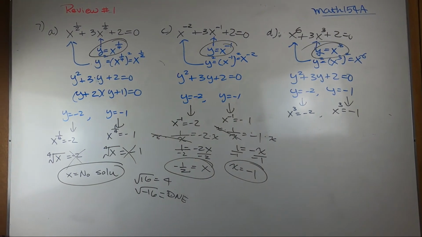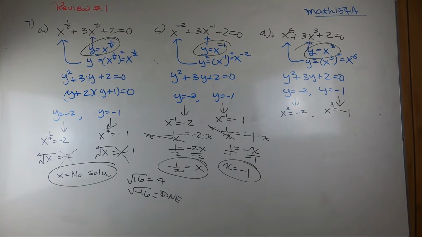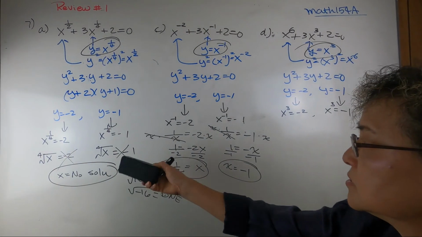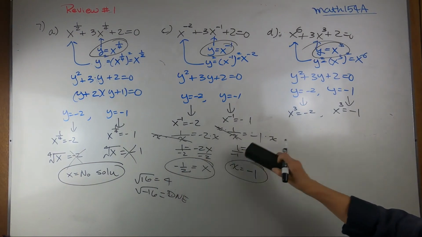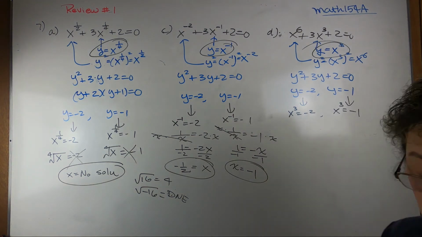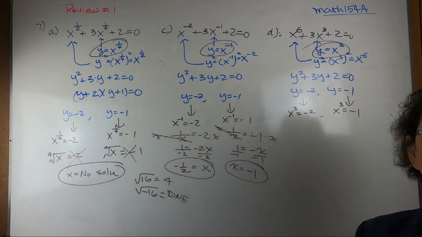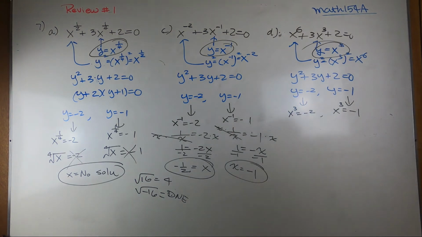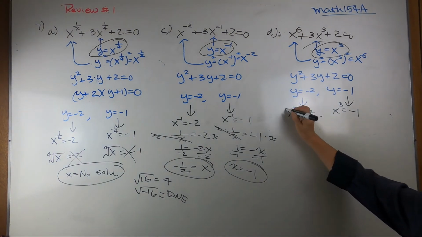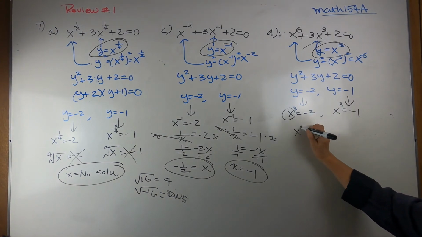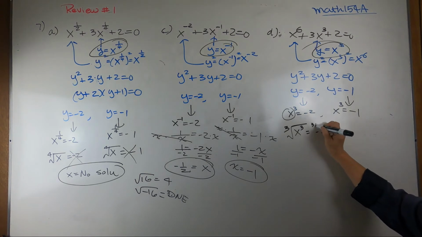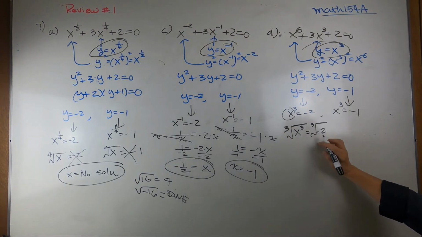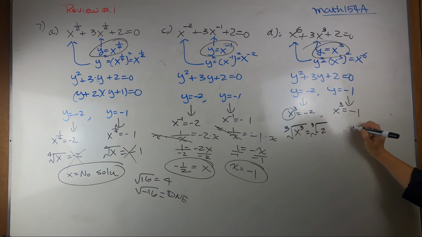Then the last one. One turned out to be radicals, one turned out to be rational, and another one turns out to be a power, right? Then you want to isolate the variable, so you have to get rid of the cube. So take the cube root. Can you take the cube root of negative numbers?